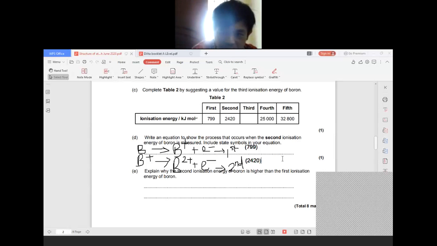Explain why the second ionization energy of boron is higher than the first ionization energy of boron.